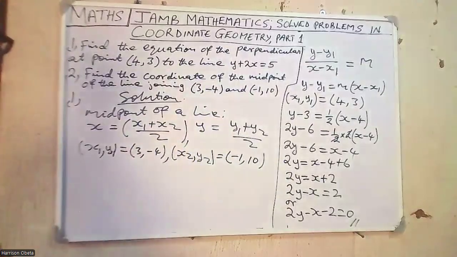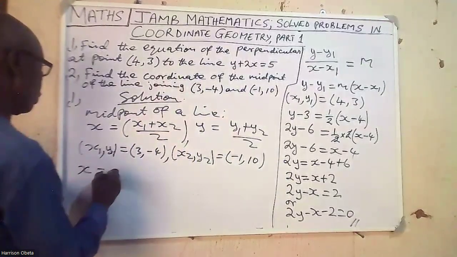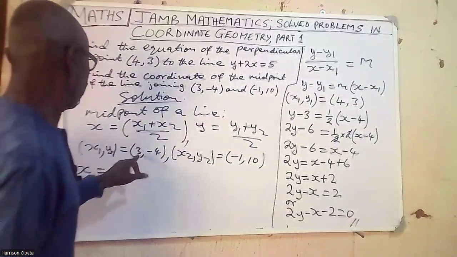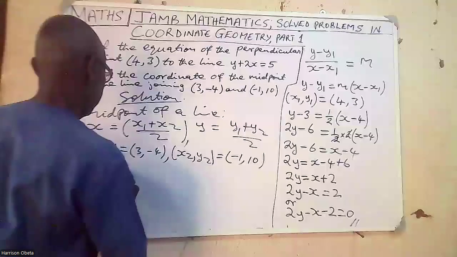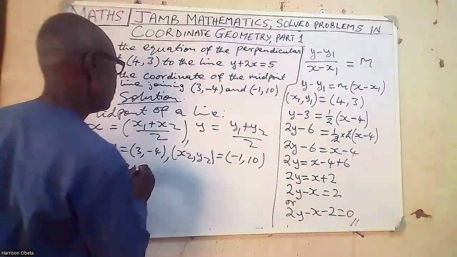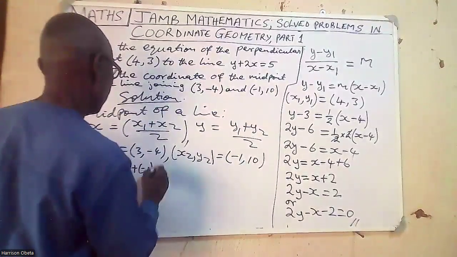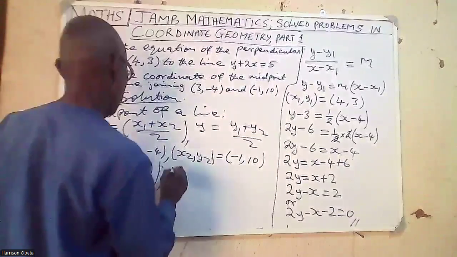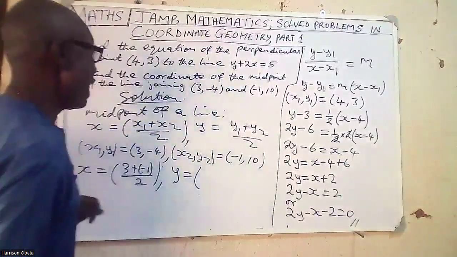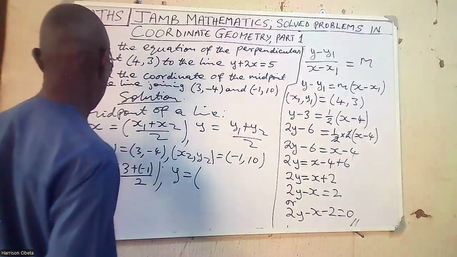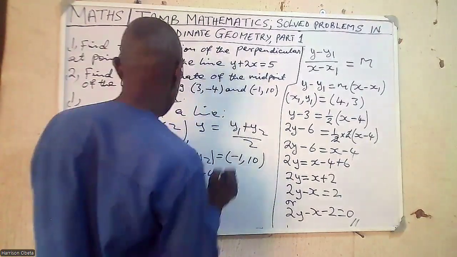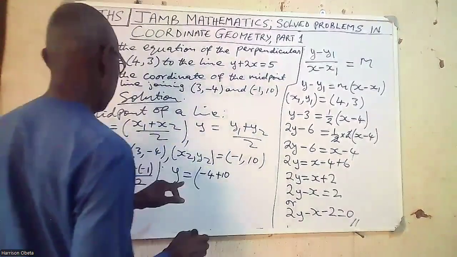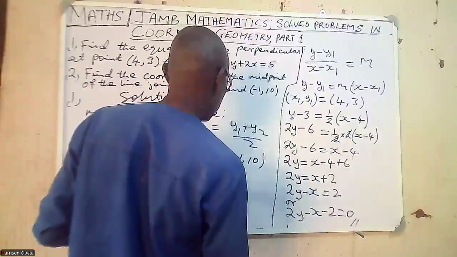So substituting these values here, x should be equal to bracket our x1, which is 3, plus x2, which is minus 1, then all over 2. y should be equal to y1, which is minus 4, plus y2, which is 10, okay, then all over 2.